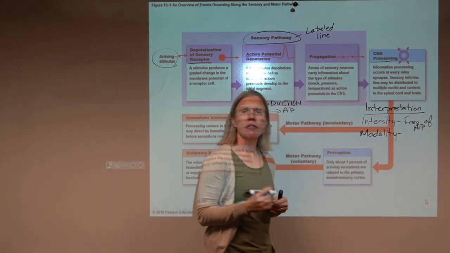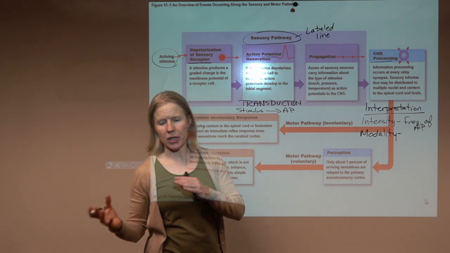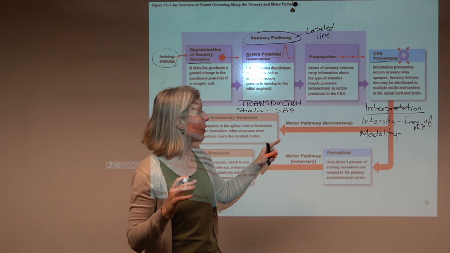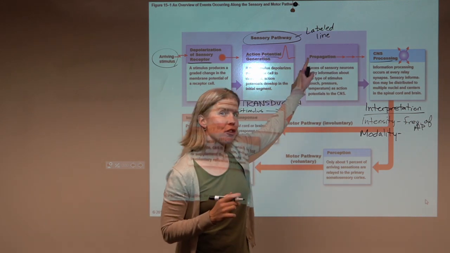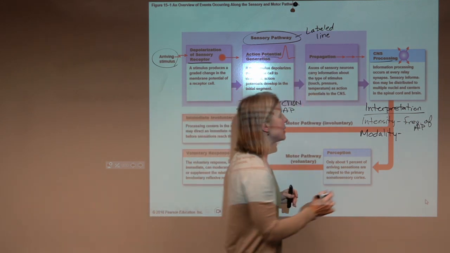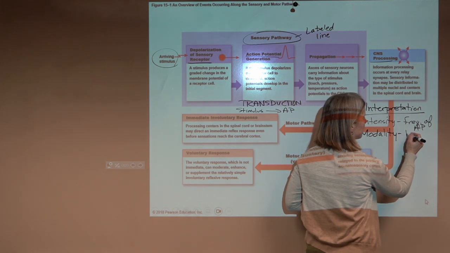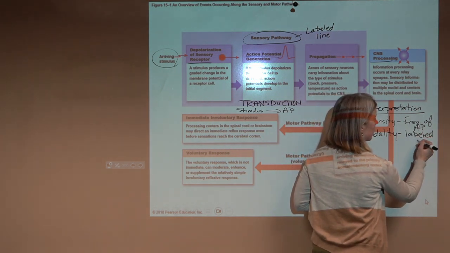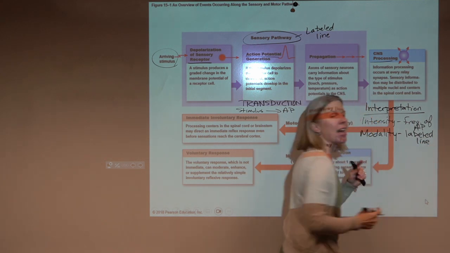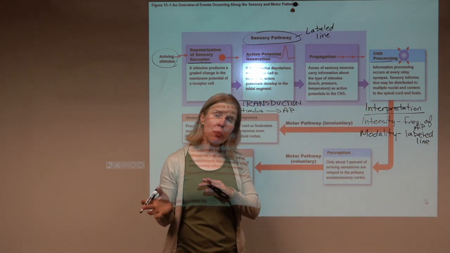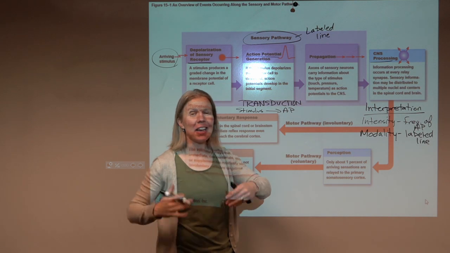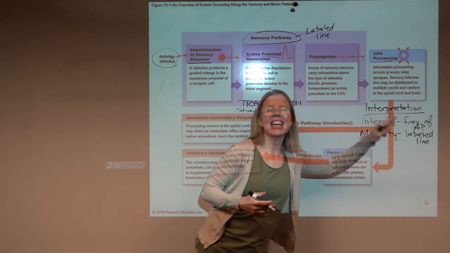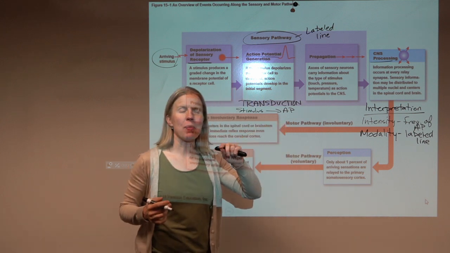Okay. It figures out the modality, right? Was this pain? Was this touch, vibration? What is this? Based on which labeled line it came into the CNS on. And again, this is how some of those things like referred pain or phantom limb pain can become an issue if the labeled line is being stimulated somehow.